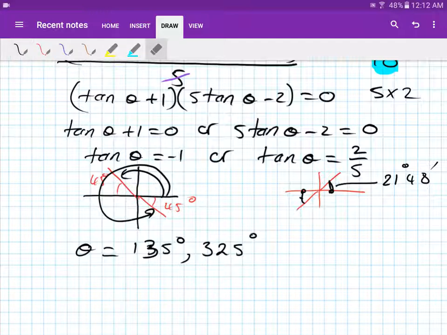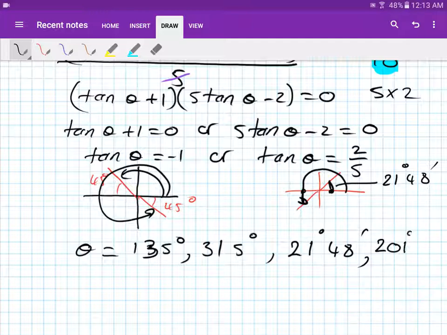I mean, sorry, 215 degrees. 315, that's what I meant. And this one here, I'm looking for this one now, your first answer is 21 degrees and 48 minutes. And the second one is from here to here, and you will get 201 degrees and 48 minutes.